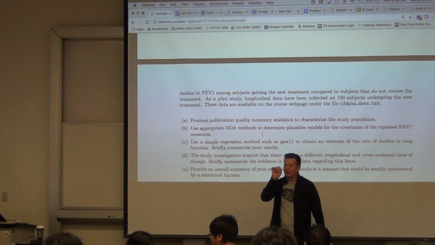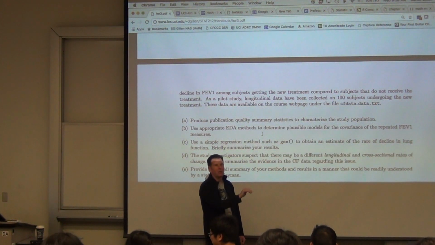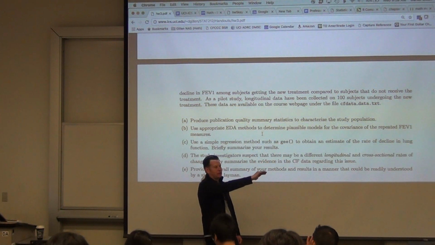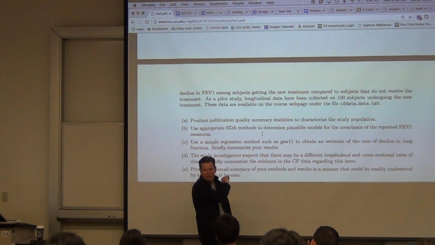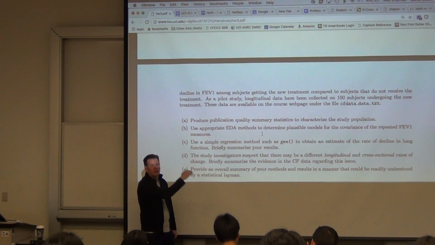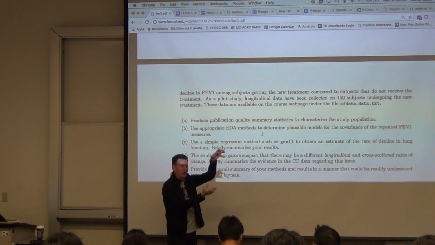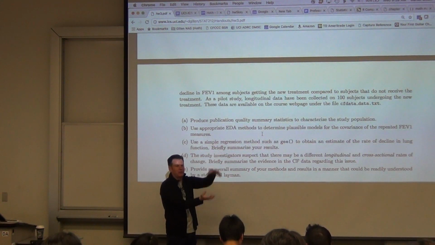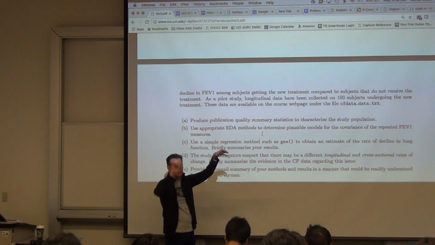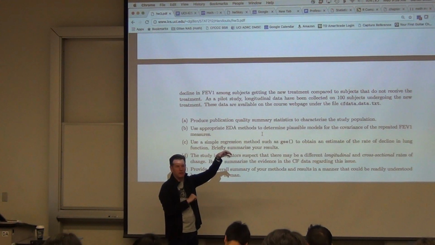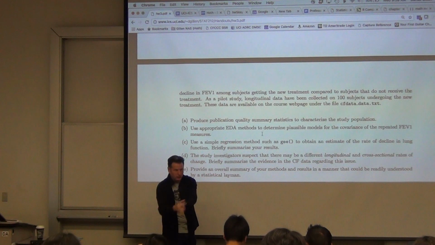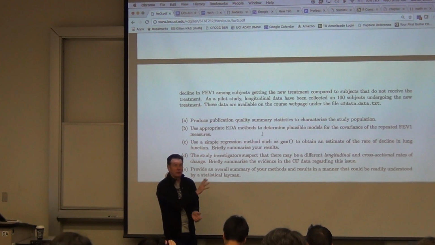If you remember, I ended off last lecture by showing you an actual plot where you had a differential cross-sectional effect of aging. It looked like a positive association. And then within subjects, you have a negative association. In other words, as I sample cross-sectionally from the population and take kids of different ages, I get one relationship across ages for their FEVs. But if I follow the same child over time, I get a different relationship. That's exactly what I want you to explore.